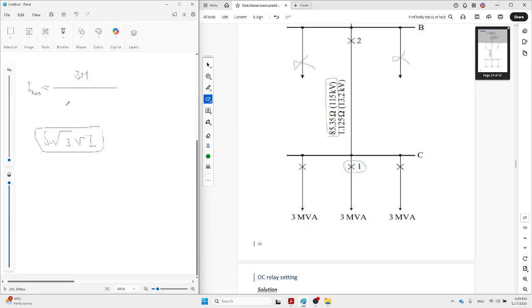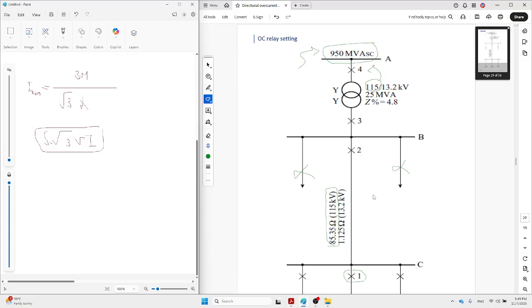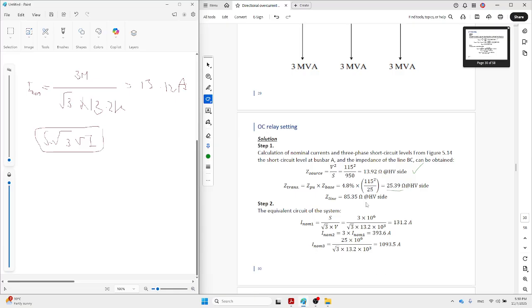So 3 megawatt over square root 3 times voltage. The voltage at the lowest side, for this bus, is 13.2 kV. So the final value is given as 3 divided by 13.2 times square root 3.